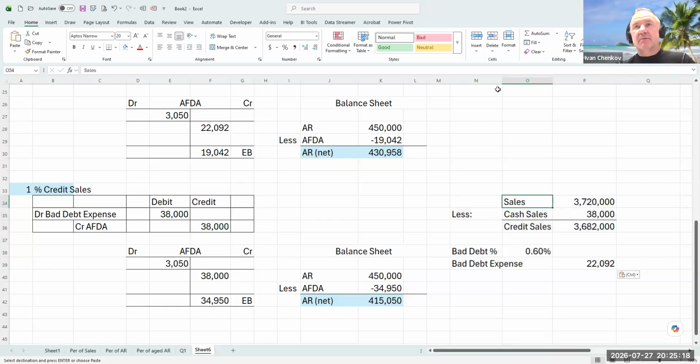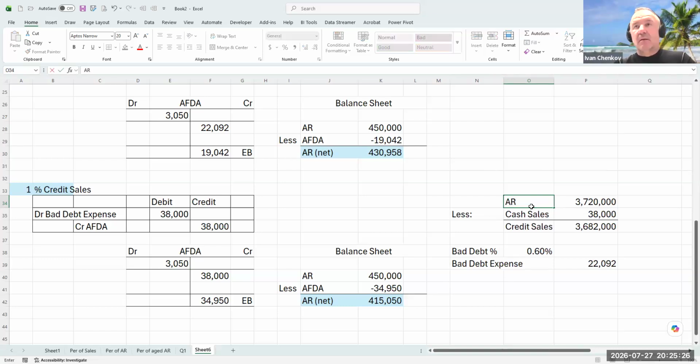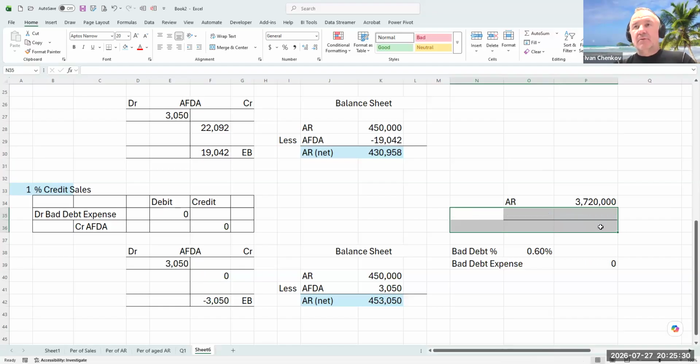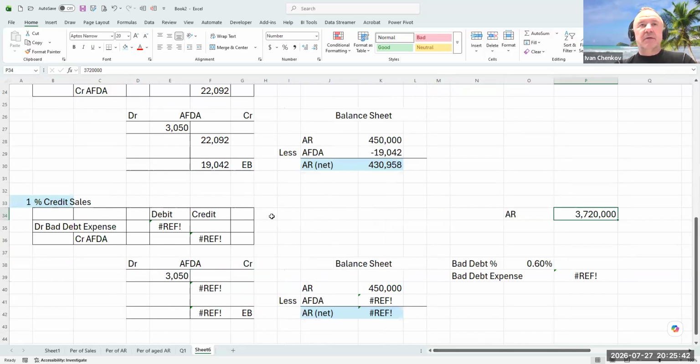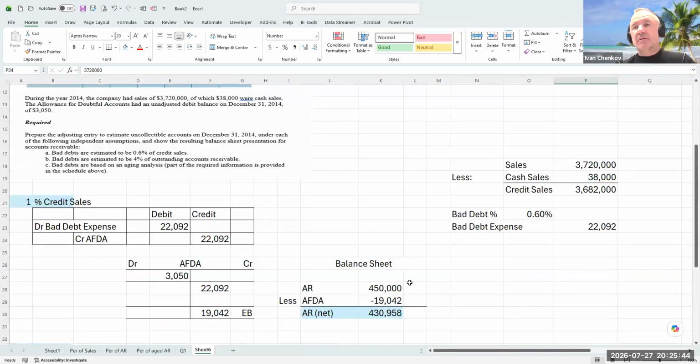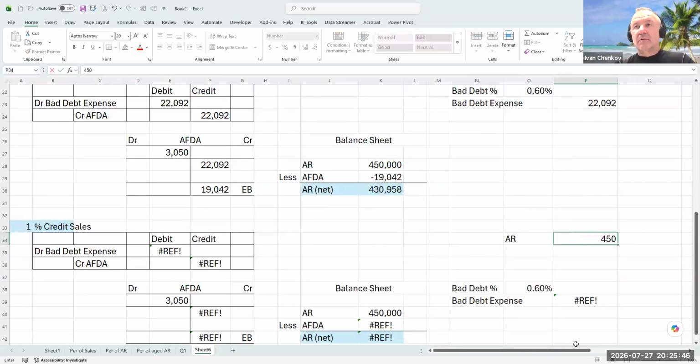Now, instead of sales, I don't need sales anymore. I'm going to go with accounts receivables, and all this other information is irrelevant at this point. Accounts receivables, as we can see from the case, is 450,000.